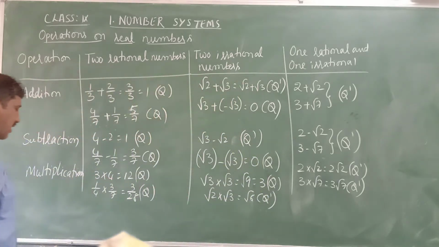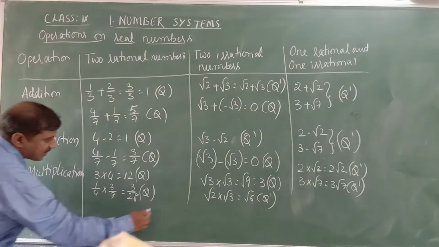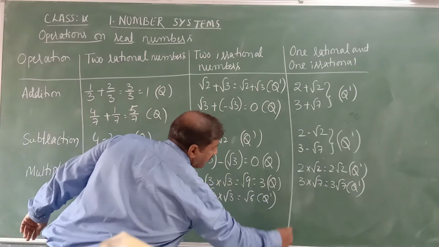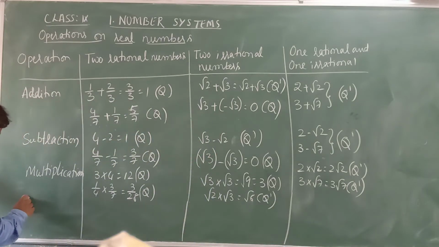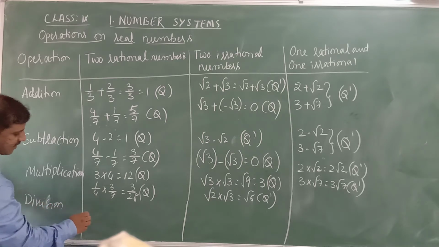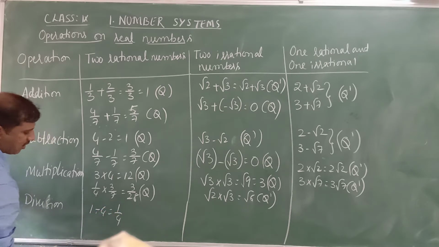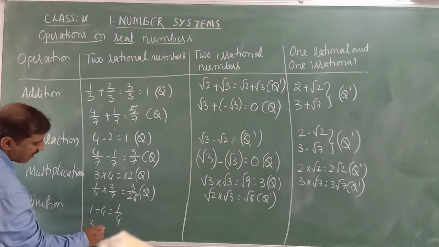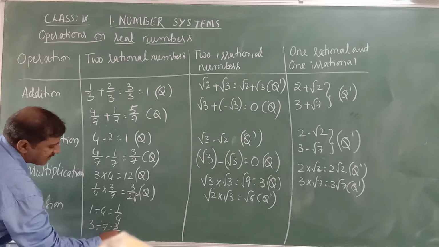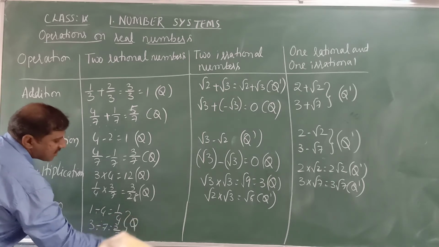Now what about division? The last concept is division. The division of two rational numbers: 1 divided by 4 is 1 by 4, and 3 divided by 7 is 3 by 7. So they are rational numbers.